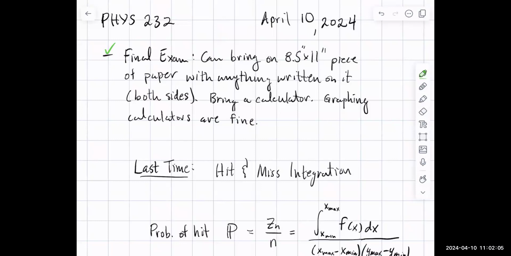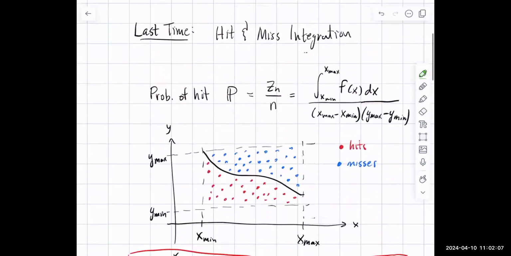All right, good. So I only want to cover one more thing, and it's not a difficult thing. It's more for fun than anything else. So we were talking about these numerical integration methods, in particular, the so-called hit and miss method.